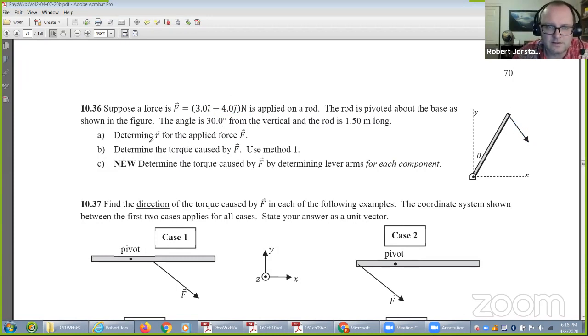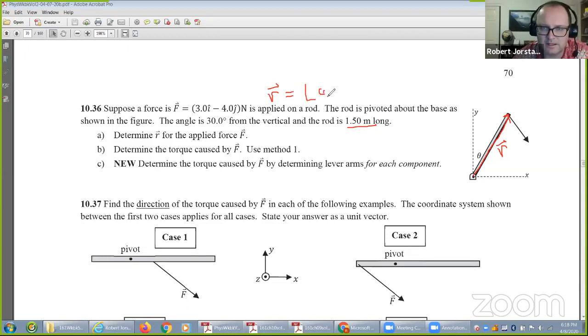And then determine the R vector. So let's do this. If you want the R vector, that's it. From the pivot to the point. So you could think through that yourself. I'll write it out. Surely you can get it before I do it. It looks like 1.5 long. I'll just call that L.